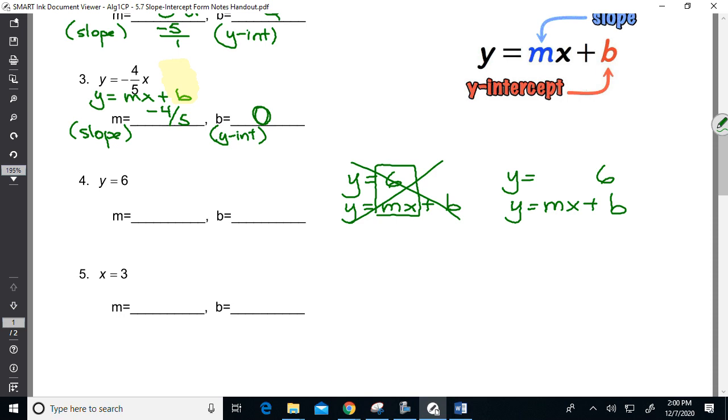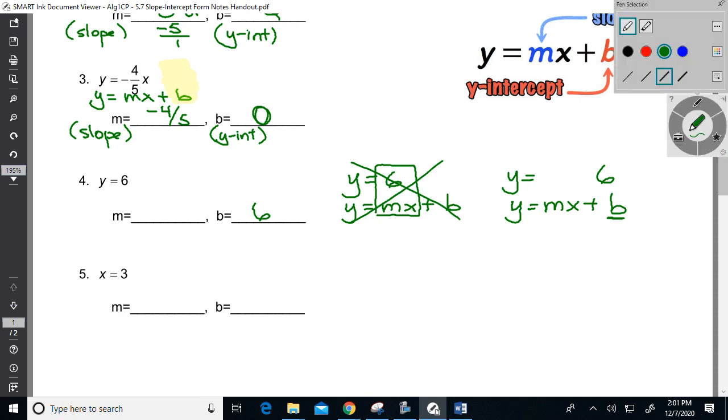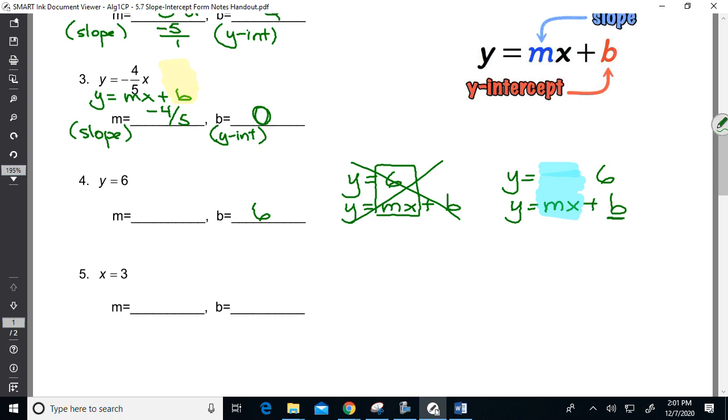B is equal to 6. But that means this part is blank. If that's blank, what's the slope? That one's 0.